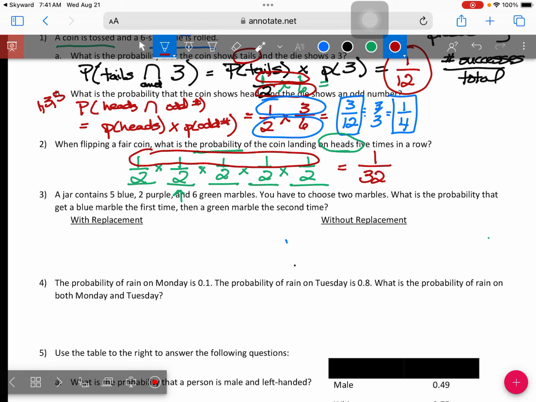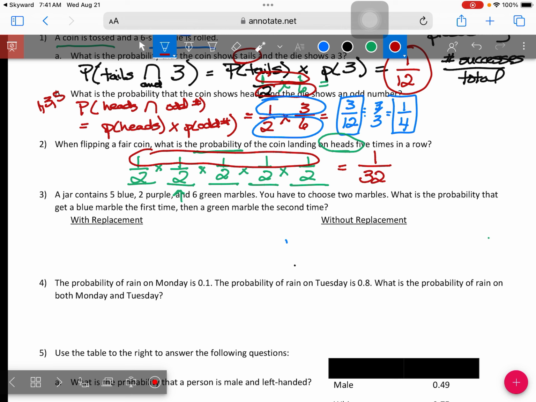You also could have written that as 1 divided by 2, raised to the 5th power. It would still give you 1 out of 32. Okay? So, I want to tell you here, maybe not here, we'll keep going. Any questions about those first two?